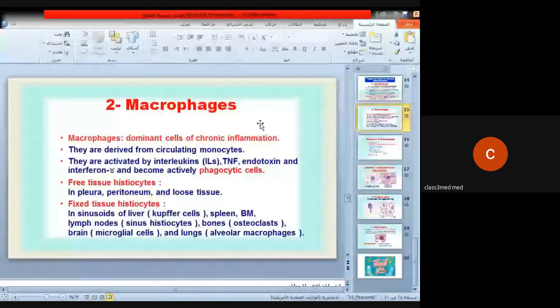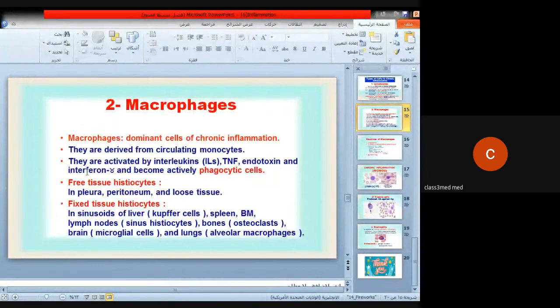Second, macrophages. Also, most important and dominant cells of chronic inflammation. They are derived from circulating monocytes. In the blood they are called monocytes; in the tissue they are called macrophages and histiocytes, the same meaning.